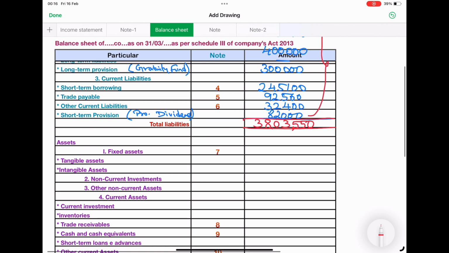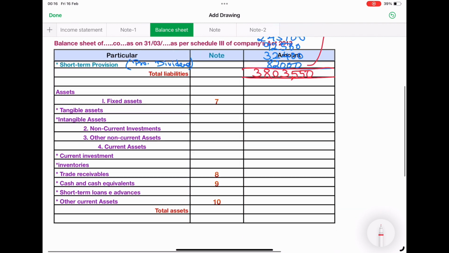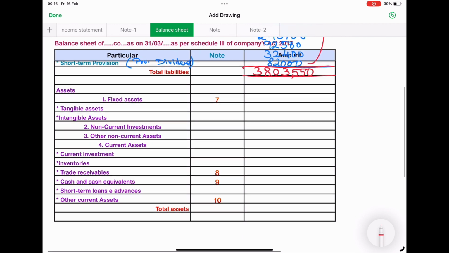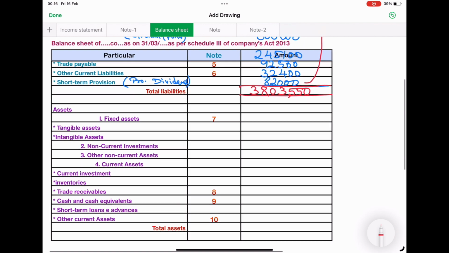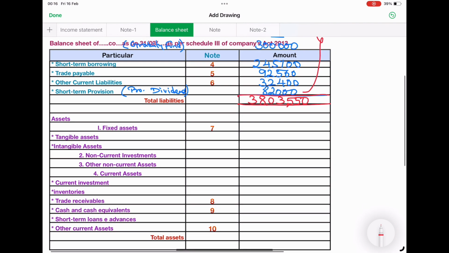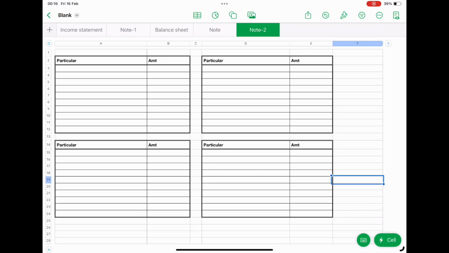Okay, yes, I'll keep it like this. So for assets calculation, note 7.